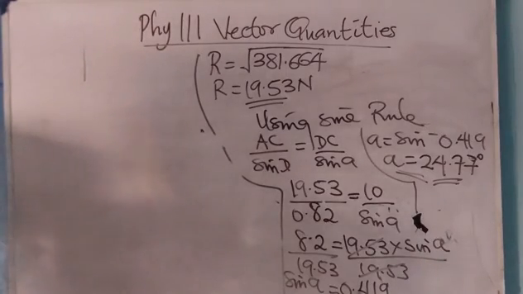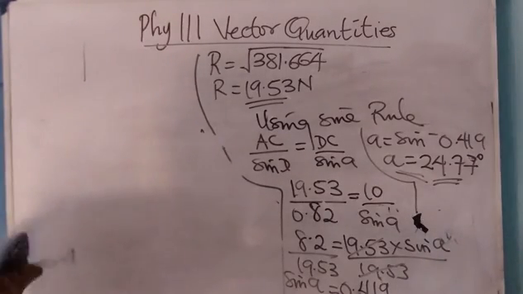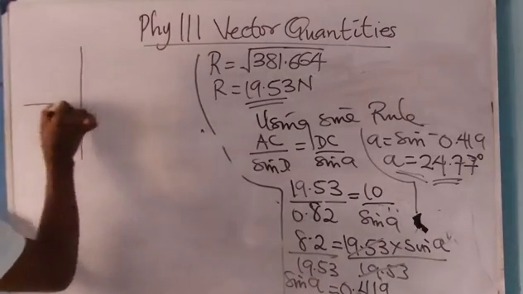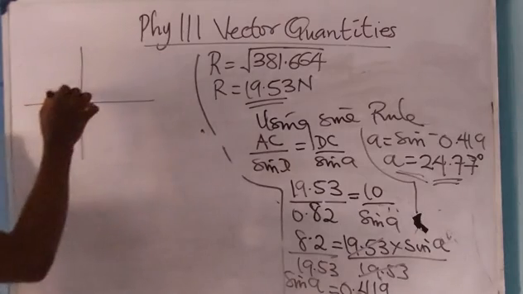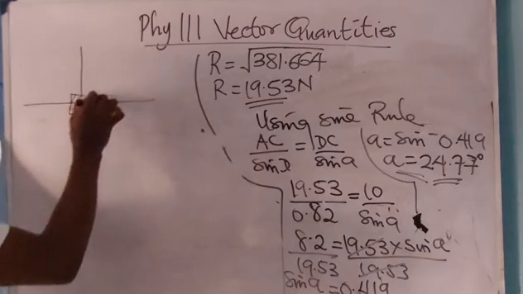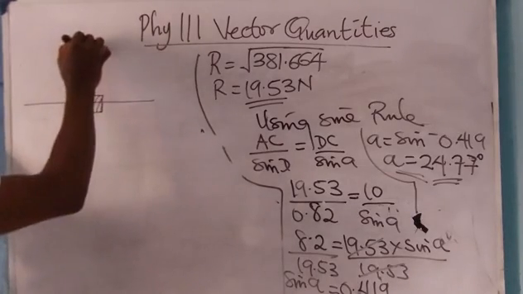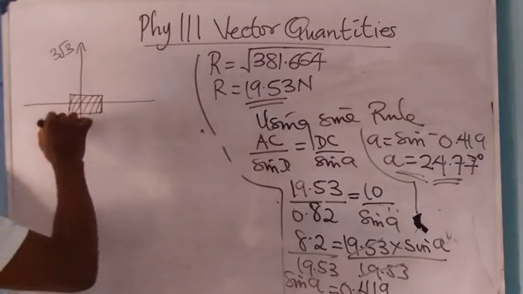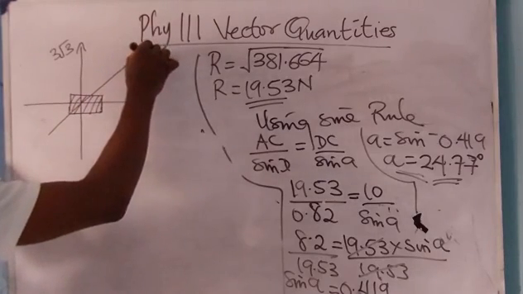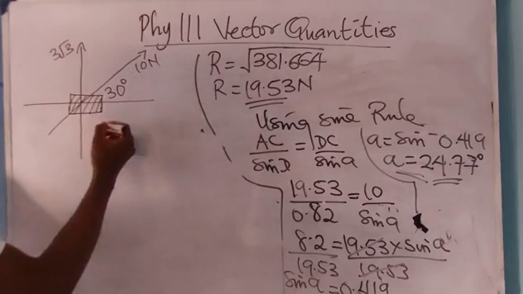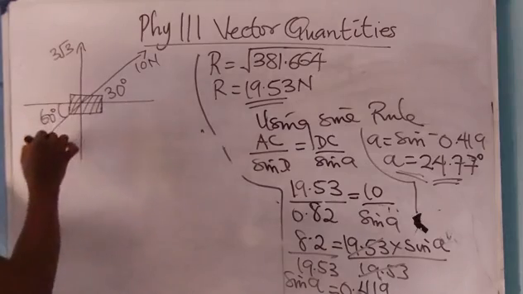Look at the diagram on the board. Let's say this one is 3 root 3 and 10 Newton, 30 degrees. This one is 60 degrees.